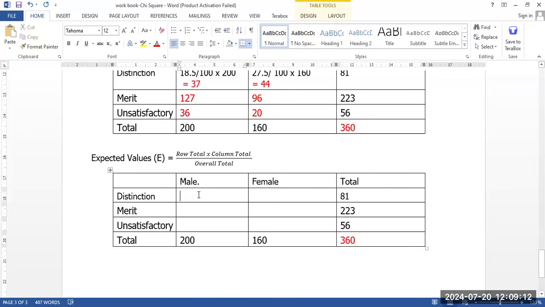The first one is what? 45. How? Those who have just joined, you get row total, which is 81, times column total, which is 200. Then the answer you get divided by overall total, which is 360.